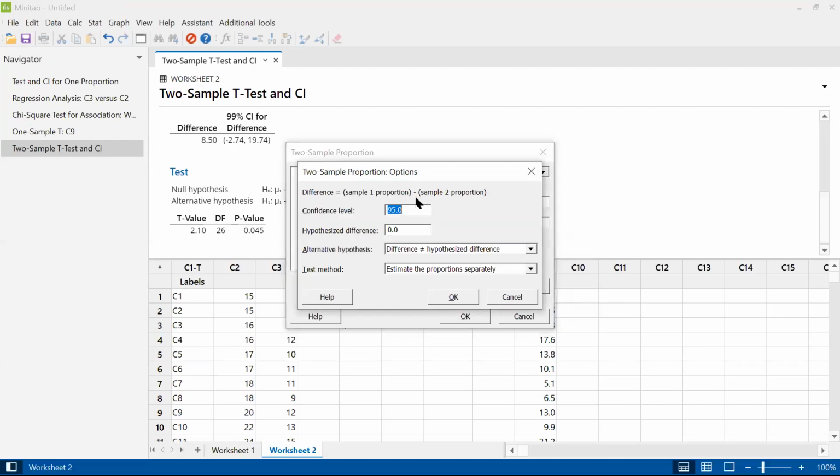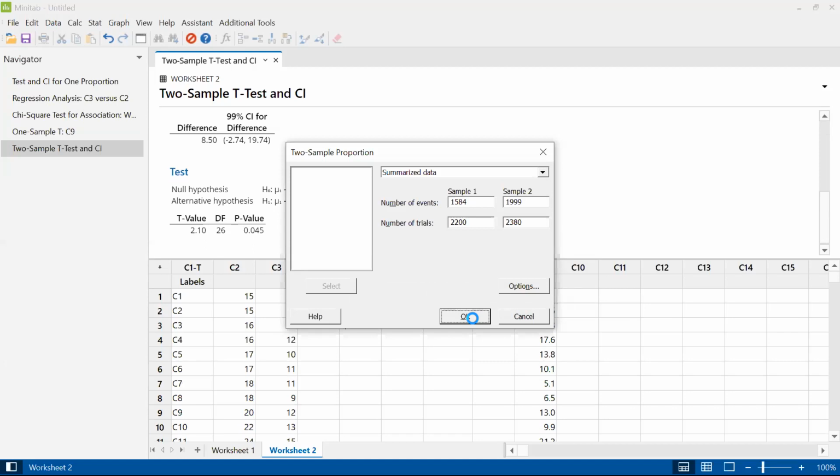Okay, and hypothesized difference is 0. Our null hypothesis for these 2 groups is always that the groups are the same, and I'm going with not equals. Again, the question hinted that we should make the girl side bigger, so that's a less thing because I made the boys group 1, so group 1 is smaller than group 2, but I'm going to stick with not equals here. So let's just see what we get.